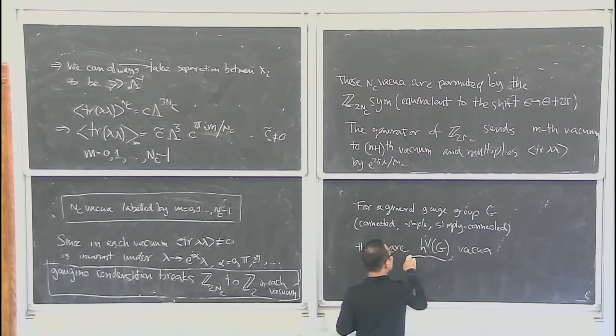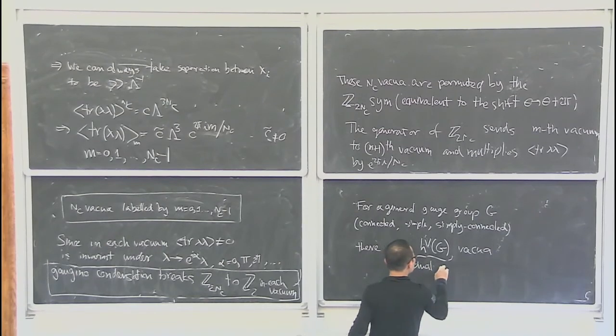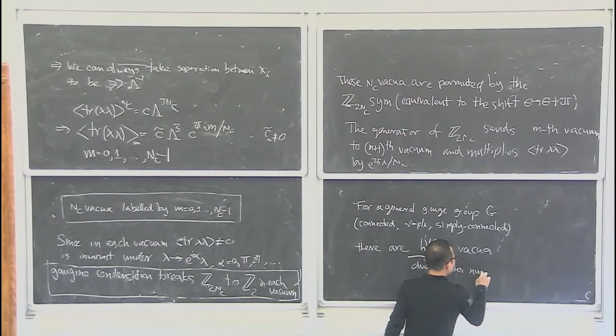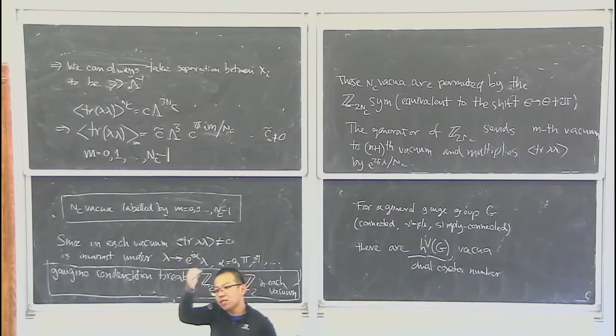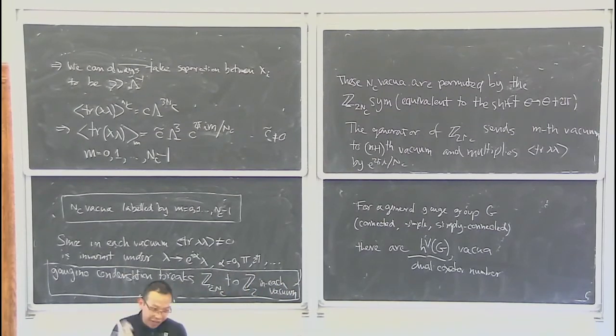This number is called the dual Coxeter number. For example, if you have an SO(N_c) gauge theory, or Spin(N_c), because SO always has an issue, with N_c greater than a certain number, this is N_c minus 2, for example. This is the number that I'm talking about.